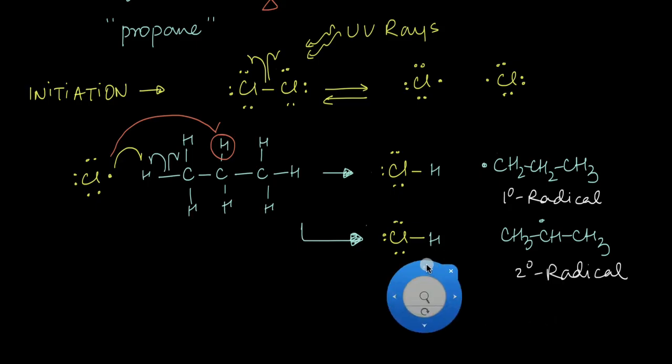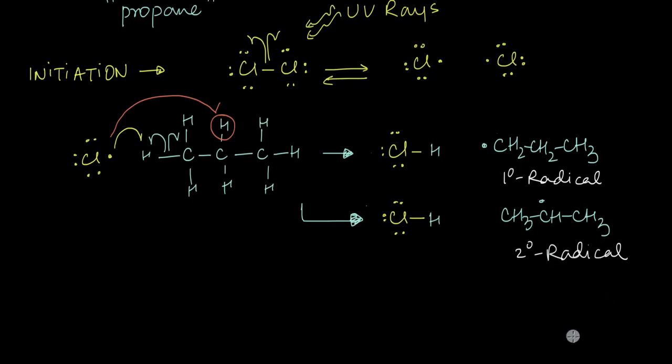Now do you think we can get the formation of some other different radical besides this by the abstraction of a hydrogen atom from a propane molecule? What do you say? You can pause the video and think about this for a moment. Now if this chlorine radical abstracts this hydrogen atom from propane, then even in this case I'll be left with a CH3CHCH3 radical, so I'll be left with a second degree radical.